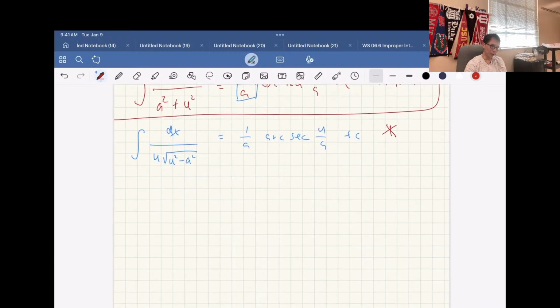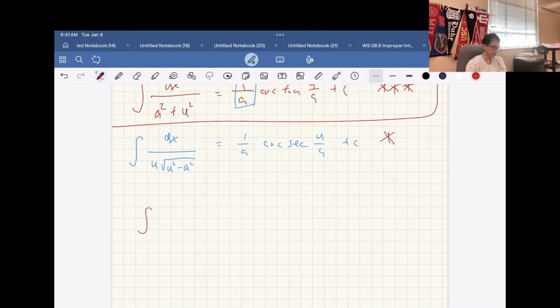Now we're gonna try one. Do you know how to take the integration of dx over square root of 4 minus x squared? This one should be very easy. Everybody in this room should be able to do it. It's pattern recognition. Think about which one this integral is supposed to be.